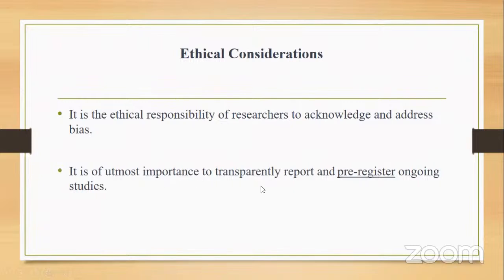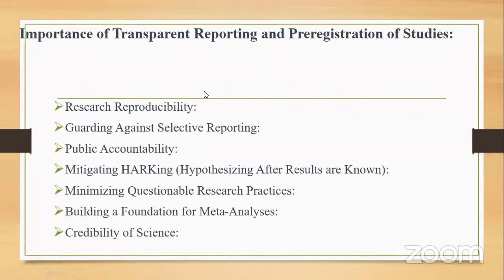It's of utmost importance to transparently report and pre-register ongoing studies. By doing that, we can ensure that our research is accurate and reproducible. We will be guarded against selective reporting, and we will enhance the public accountability of our research.